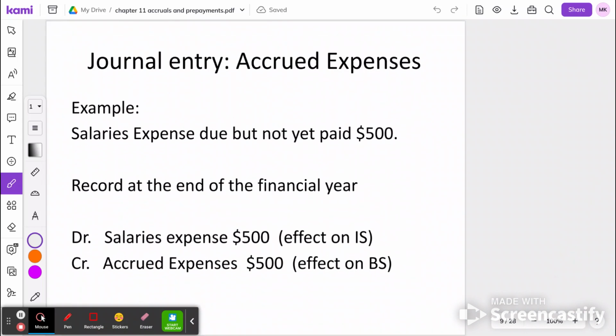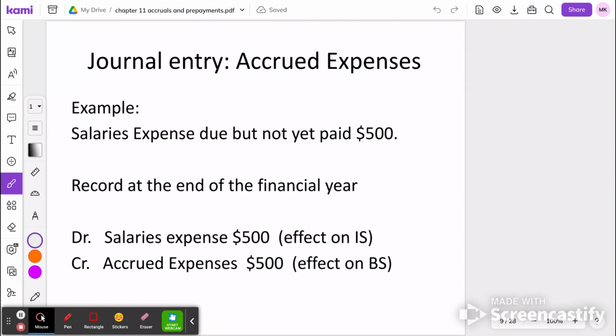Okay, so to give you a quick look at the journal entry, this is the journal entry of an accrued expense. So this is actually, the example here is not really an IGCSE question, but it's a very simple, straightforward question telling you exactly that this is an accrued expense.